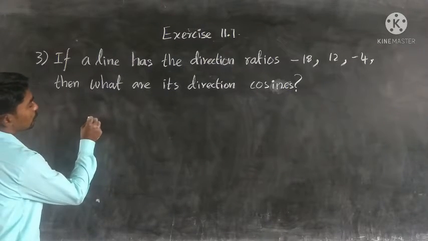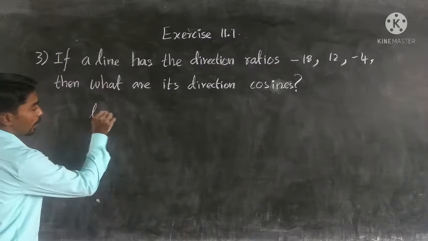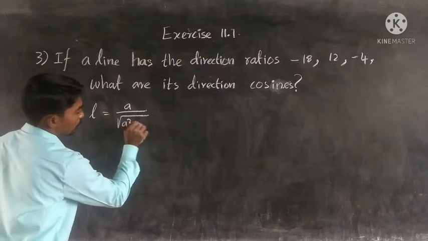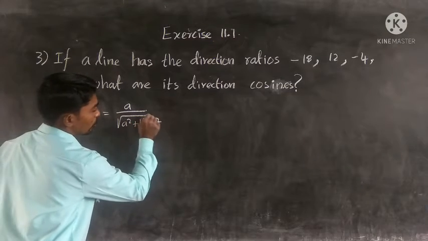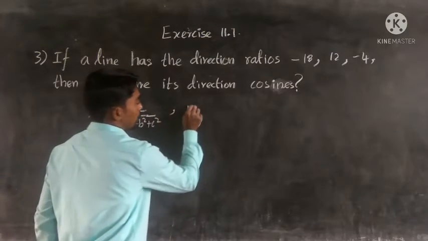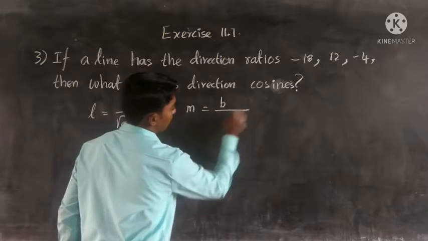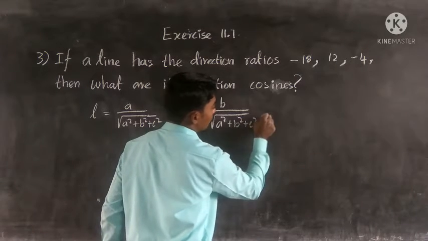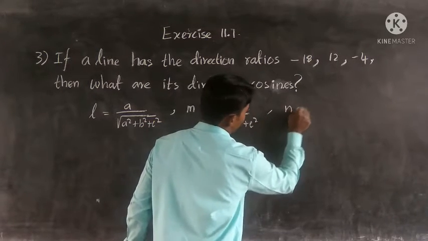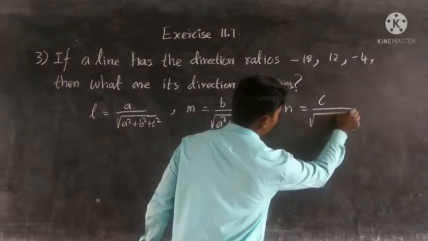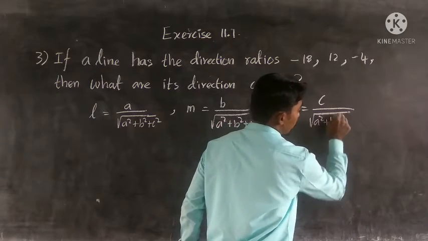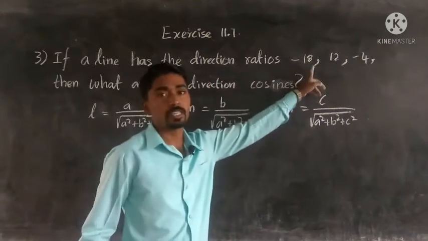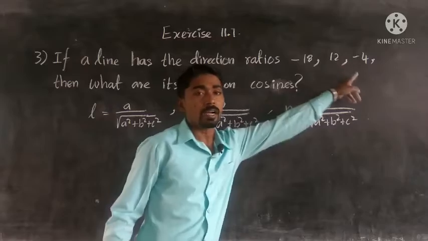Then we know the general formula: l is equal to a divided by square root of a square plus b square plus c square, m is equal to b divided by square root of a square plus b square plus c square, and n is equal to c divided by square root of a square plus b square plus c square. So the direction ratios we consider as a, b and c.